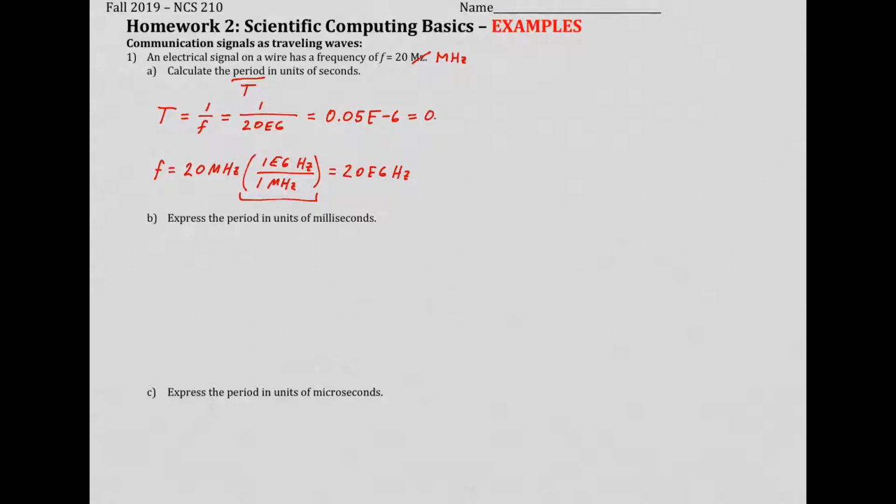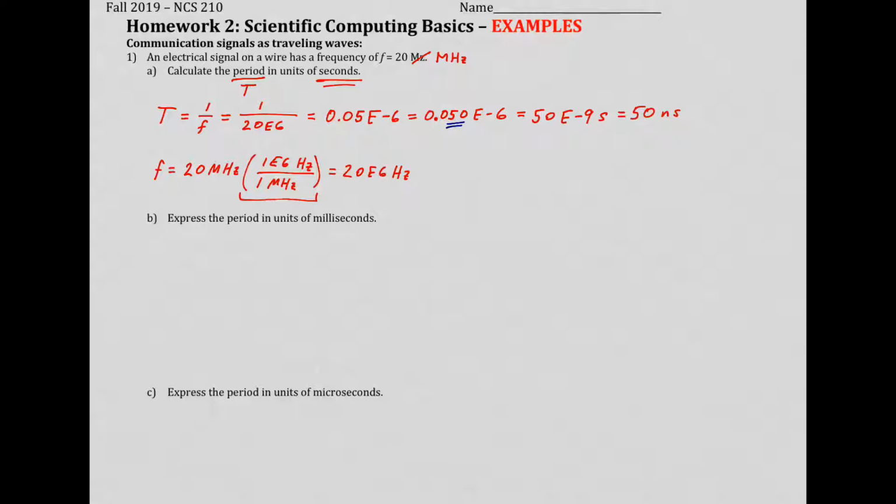If I write it with three numbers after the decimal point, e to the minus 6, I can identify this as 50 e to the minus 9 seconds. Okay? And I guess it does ask for units of seconds, so technically I'm done with the problem, but I'm going to go ahead and write 50 nanoseconds also, because 10 to the minus 9th is a nano.